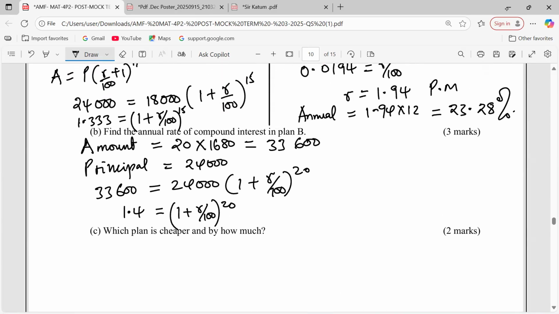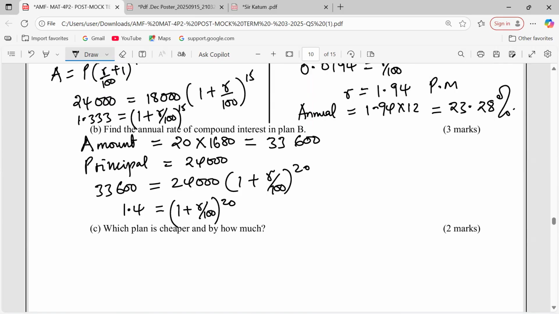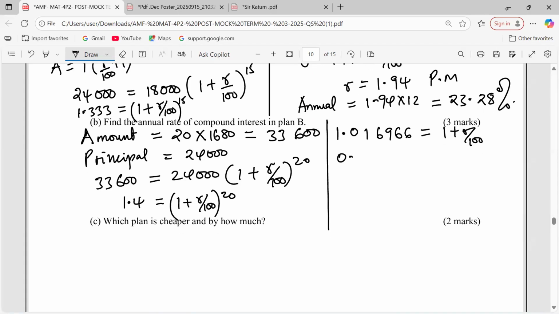So at this stage, we can take 20th roots. So 20 shift power, which is giving us 1.016966 equals 1 plus rate over 100. The 20th root has been obtained, so we don't have power 20. We subtract 1 from both sides to get 0.016966 equals rate over 100.